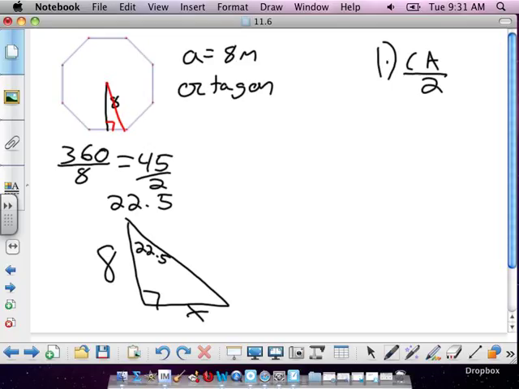What is 8 to 22.5? Adjacent. And what is x? Opposite. So what am I going to use? Tan. Good. Step number 2: trig to find side.